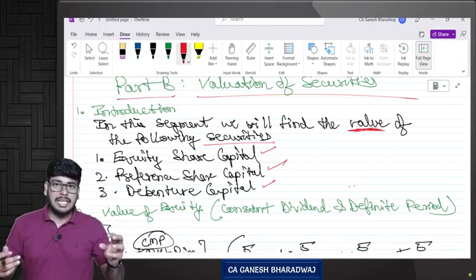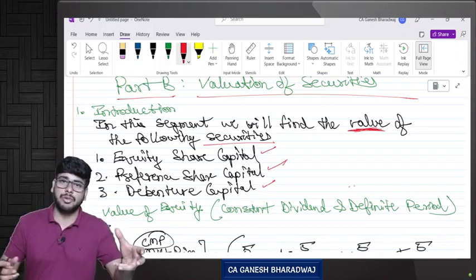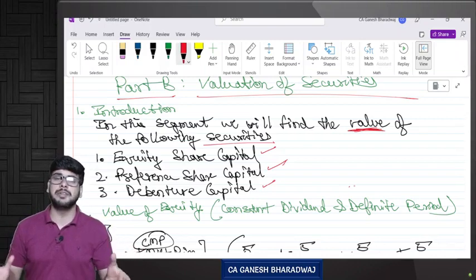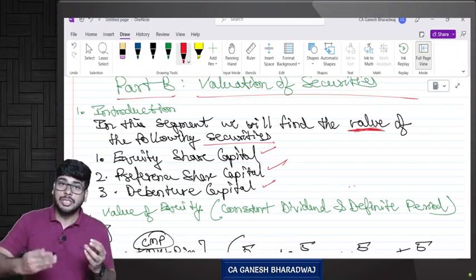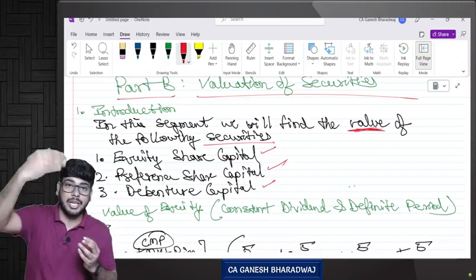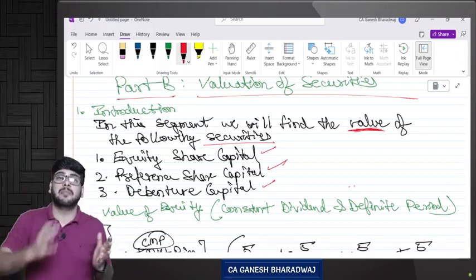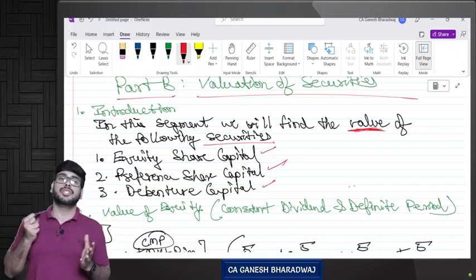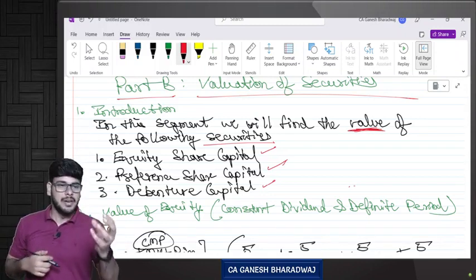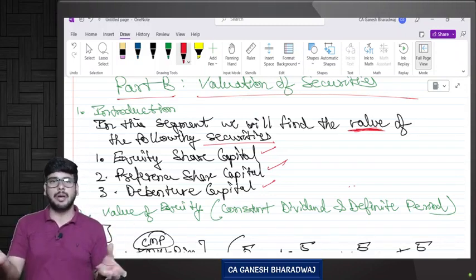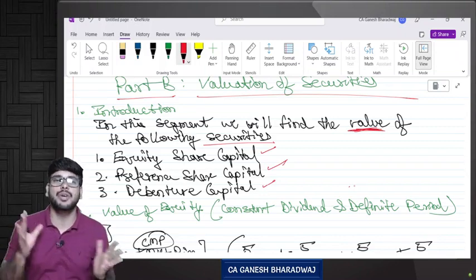Why? Because the dividends that you receive in Infosys will be different from the dividends that you will be receiving in ITC. So the future cash flows from these two companies will be different, and accordingly the present value of all the future inflows that you will be receiving from company A will be different from company B, and hence their valuation is also different.